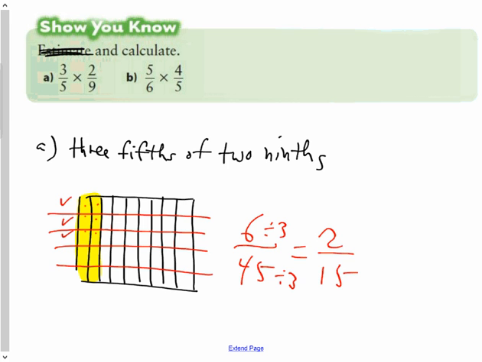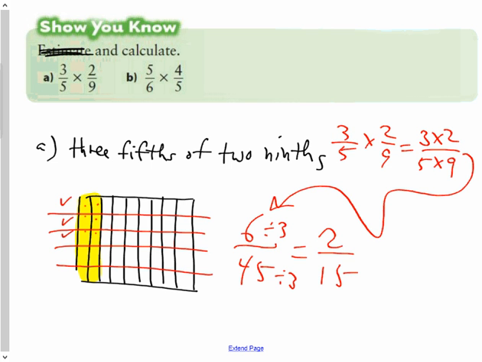My lowest term answer would be 2/15. If I double check my work using a basic algorithm, 3/5 times 2/9, multiply your numerators, multiply your denominators, and you would get this, which you would then simplify.